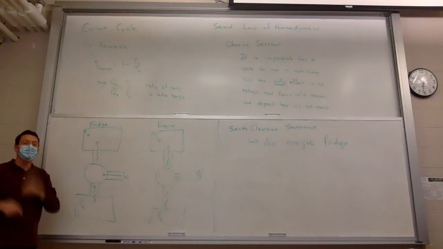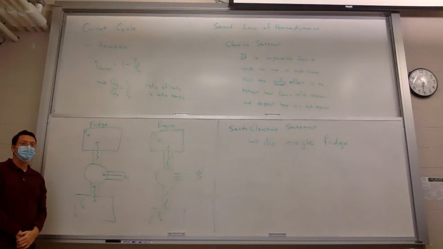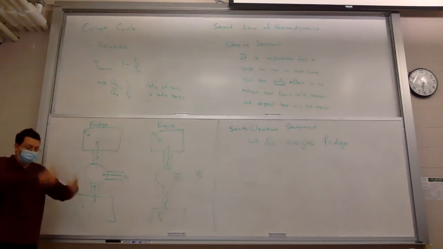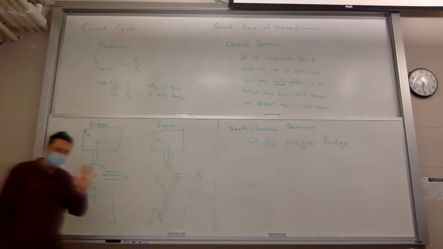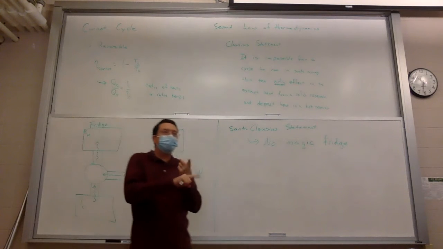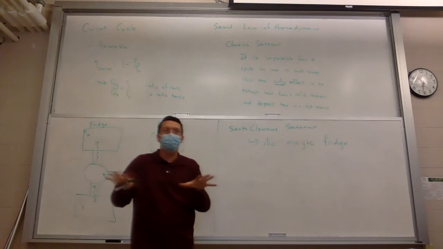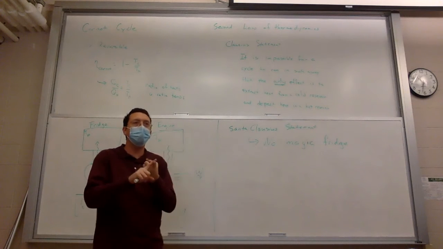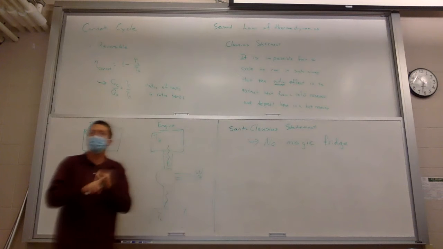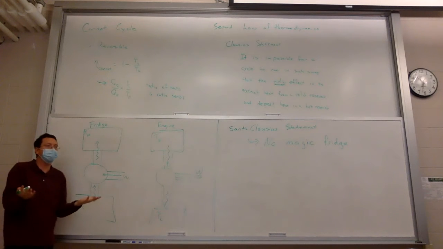If there's no work input, there'd be no way to stop the cycle, it could run away. Well, cycles by definition go forever. You can run it for as long as you want. So we know that there is no such thing as a magic refrigerator, but the first law of thermodynamics doesn't tell us anything about that.